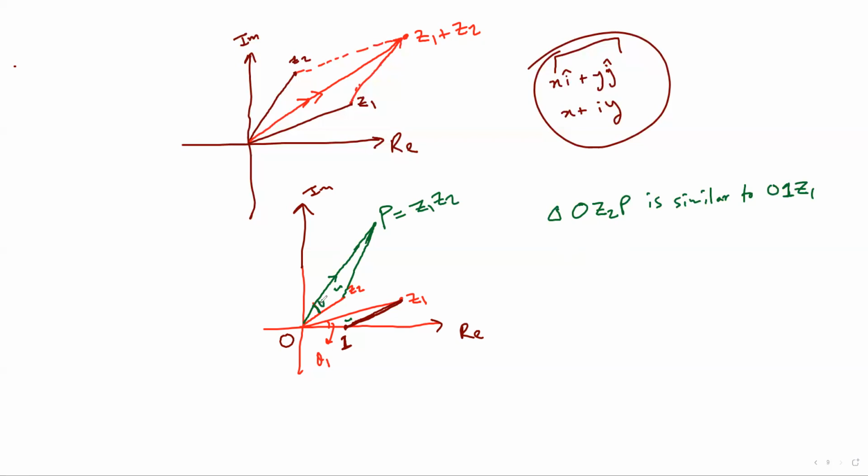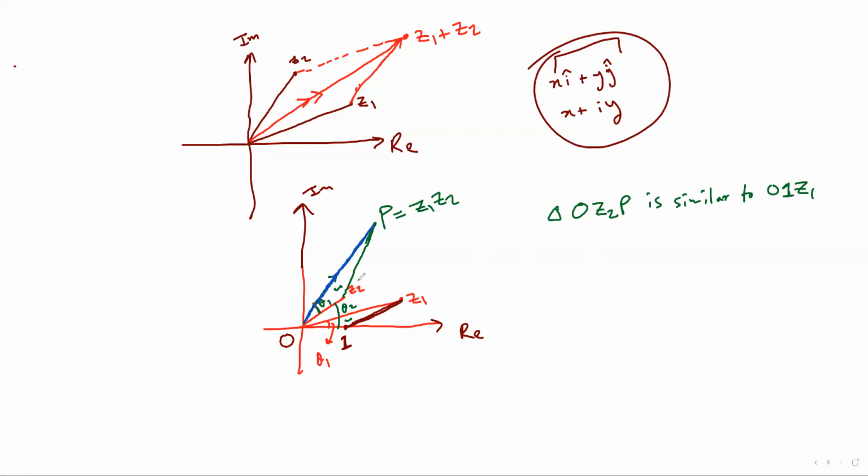Basically, this is theta1, right? And what is this guy? This guy is theta2, which is the argument of Z2. So technically, let's use another color for this line so that I can use convenient words to complete my sentences. So the green line has argument theta1 plus theta2.